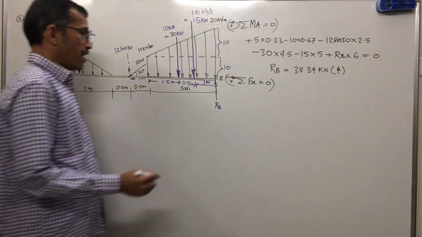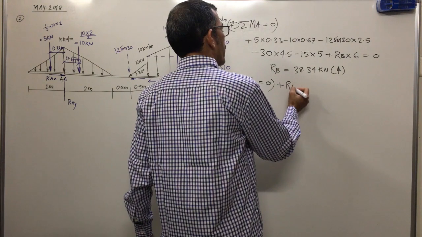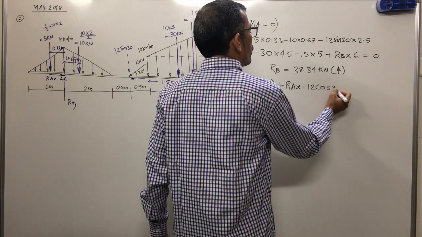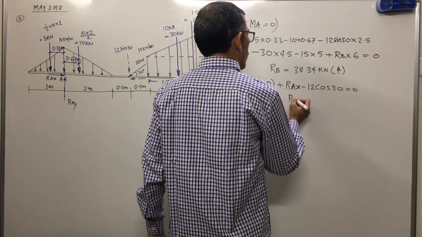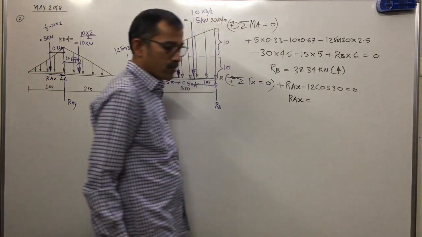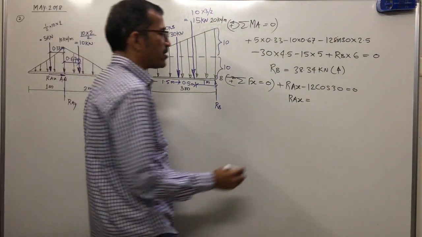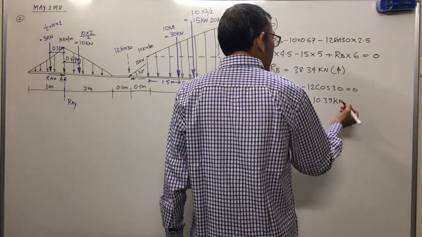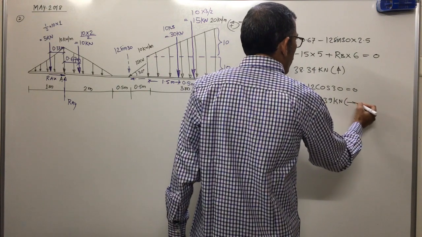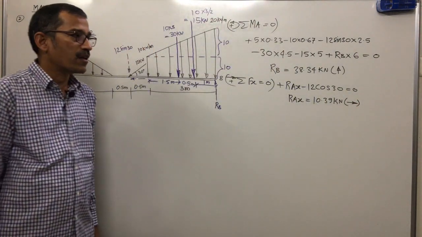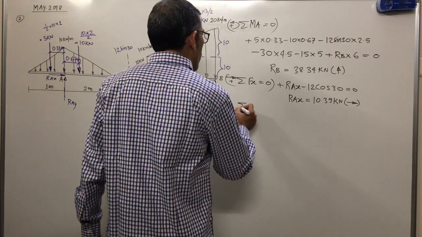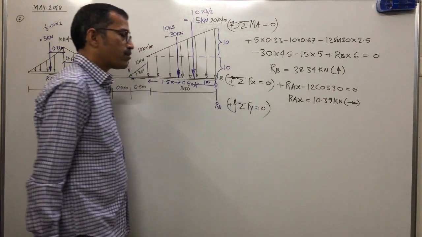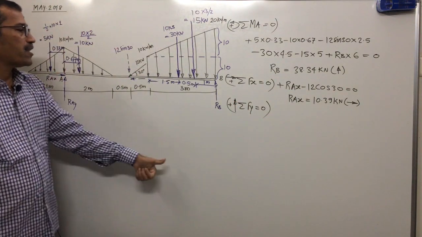So Rax minus 12 cos 30 equal to 0. Rax, again the answer is positive, comes to 10.39 kilonewton, and the assumed direction is correct, so the direction of reaction is rightward. Summation of Fy equal to 0: now concentrate only on the vertical forces. What are the vertical forces? Ray. Next is Rb, upward.